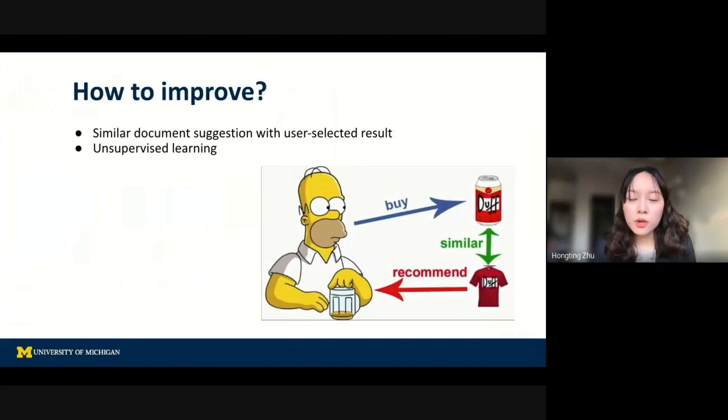Similarly, we want our algorithm to see that a user has searched with a query and selected a result that he wants, and we want to suggest similar documents to him for him to view. This could largely reduce the time the user has to spend looking at more documents and searching.